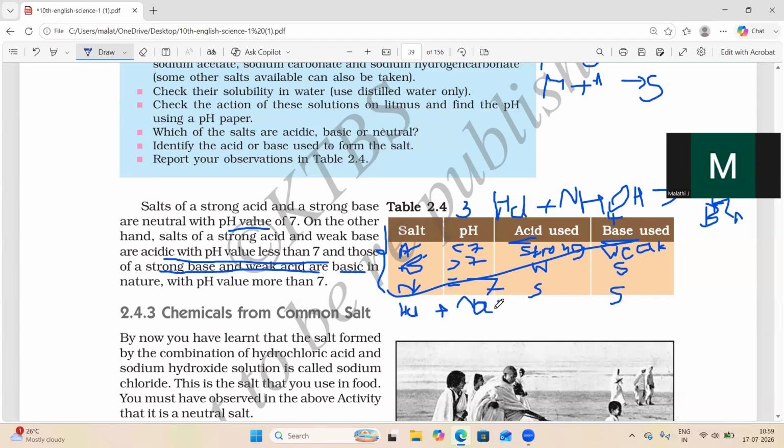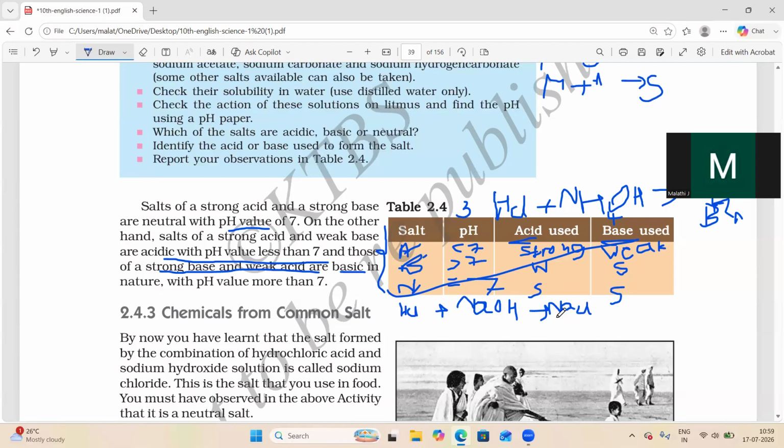As we know, sodium hydroxide is a strong base. You will get NaCl. NaCl is a neutral salt. Its pH value is equal to 7.